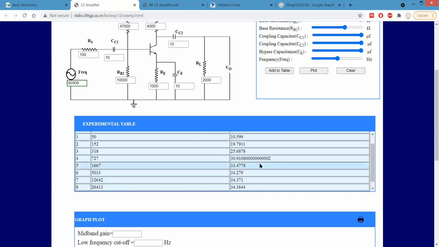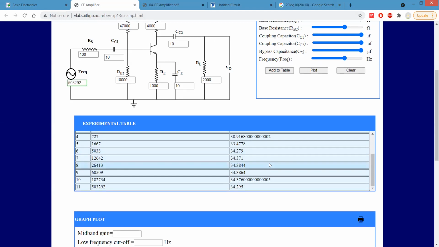So from here you can have an idea of the nature of the plot, the curve. So 60, okay, 503, still the value is increasing.